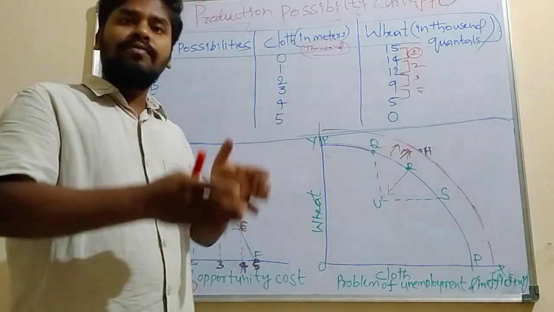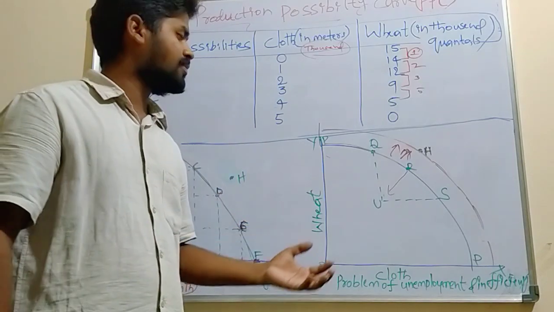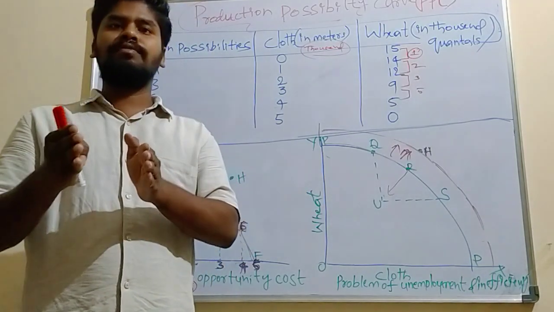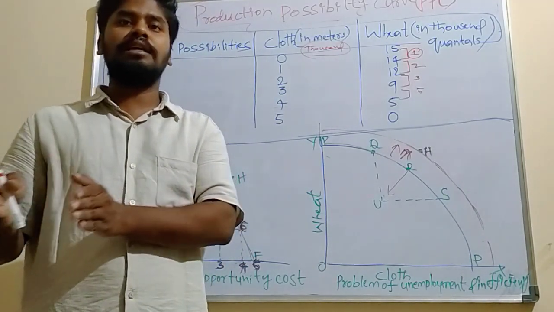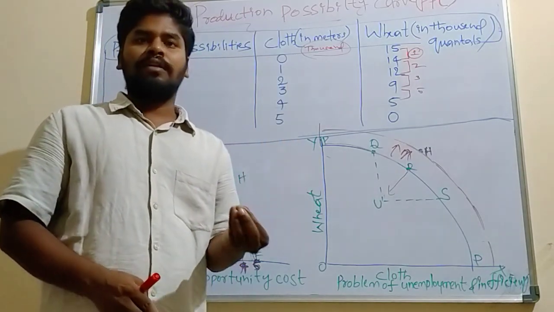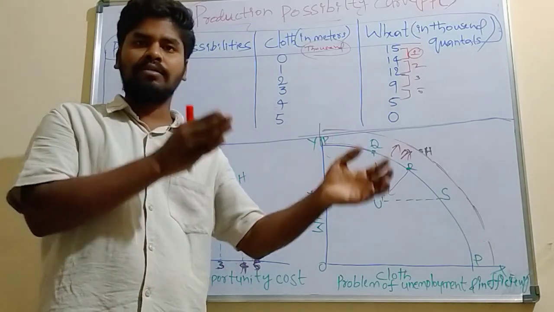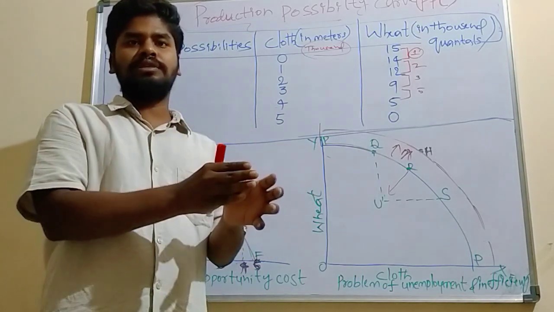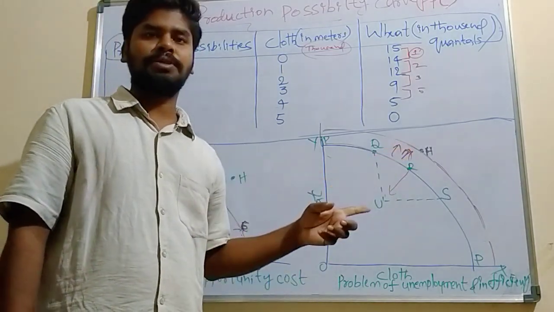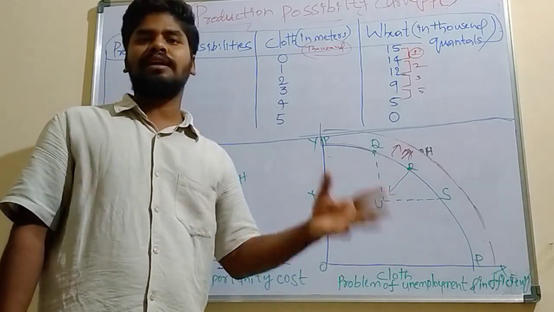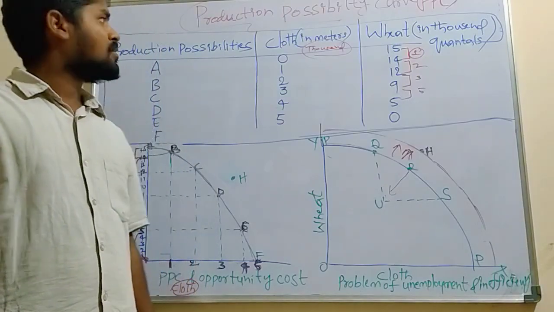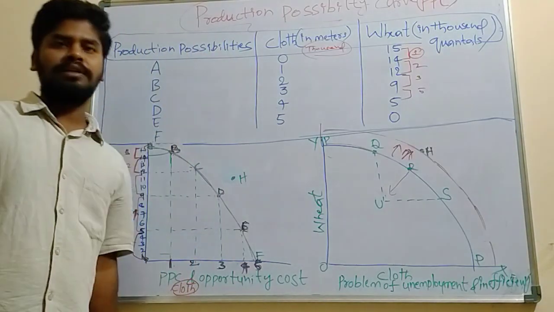They are not using resources and technology efficiently. When any country uses well-equipped labor, resources and technology in an optimum manner, there is a possibility of an upward shift of the production possibility curve. If there is inefficiency in using the resources and technology, there is a downward shift of the production possibility curve.